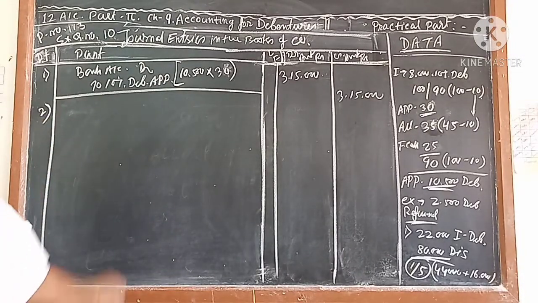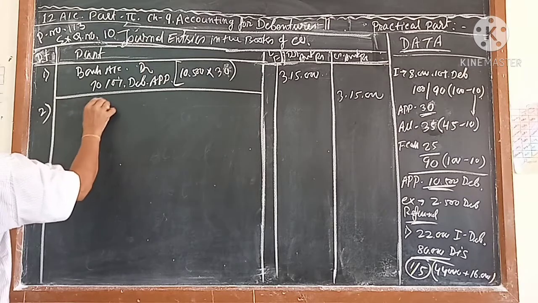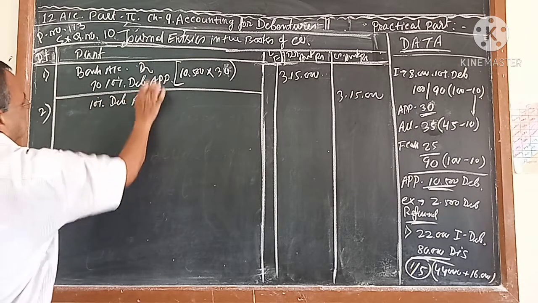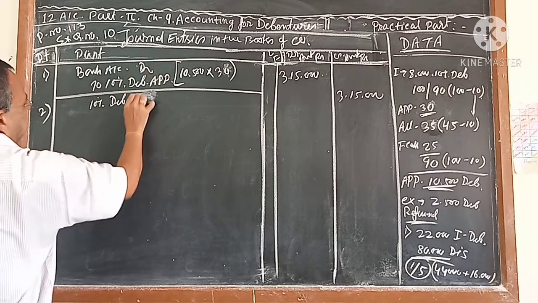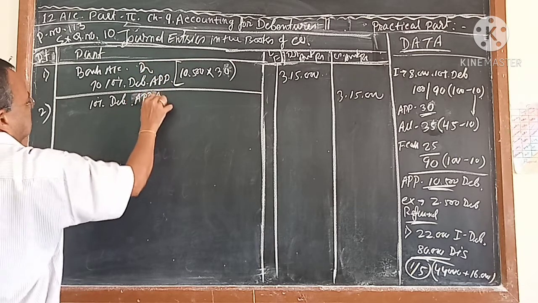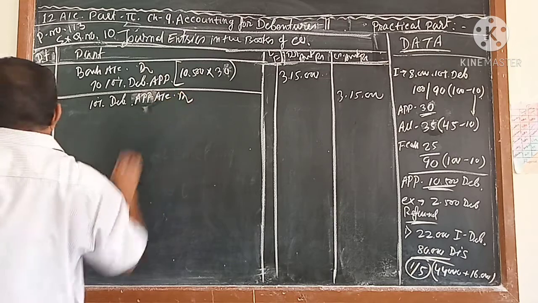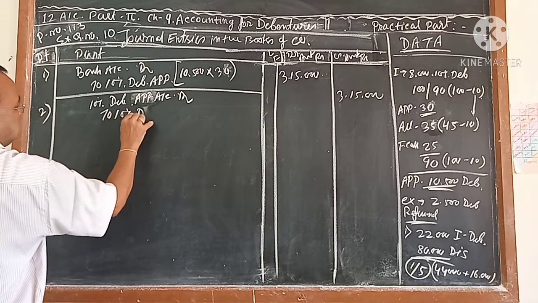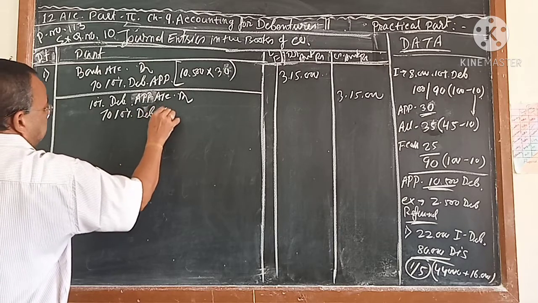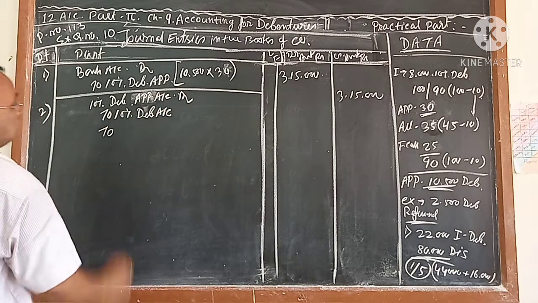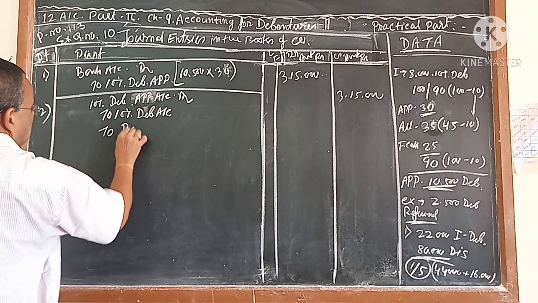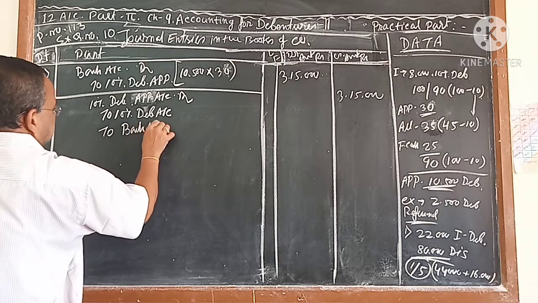Second journal. Debenture applications 10% account debit to 10% debenture account and to bank account. You are going to refund. It is bank account.